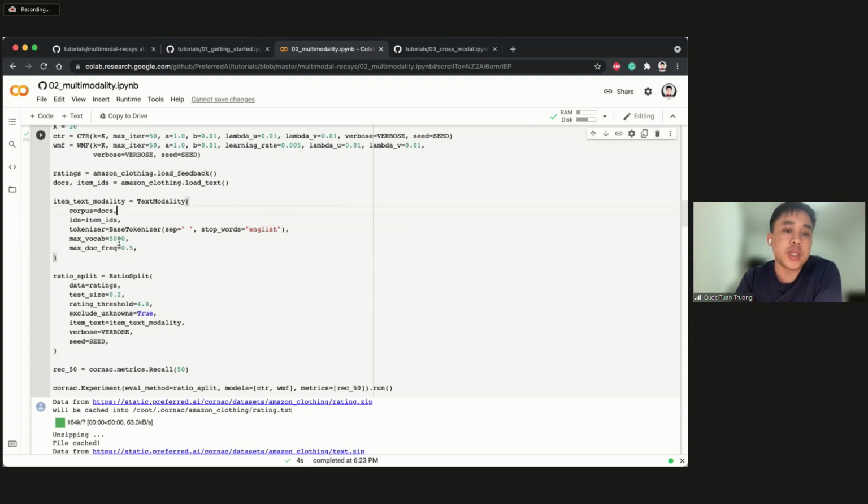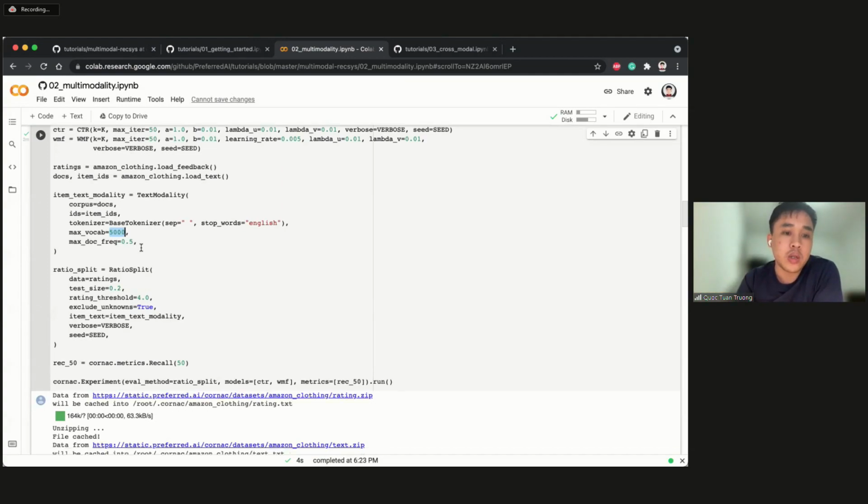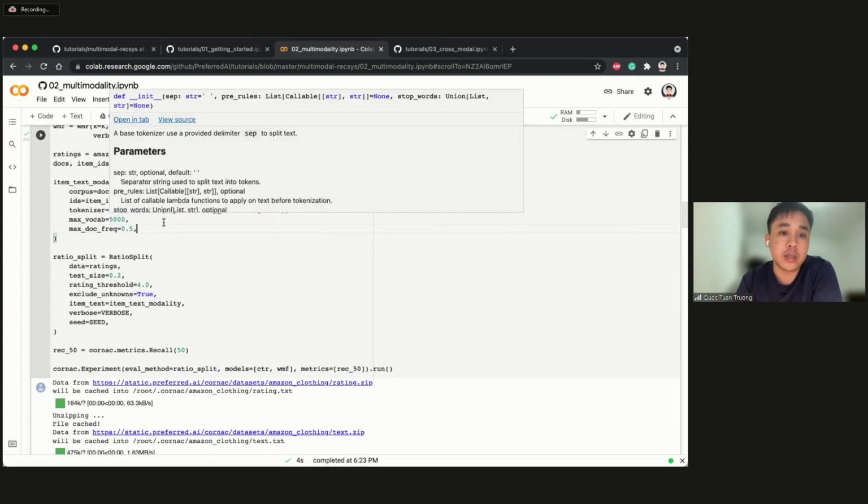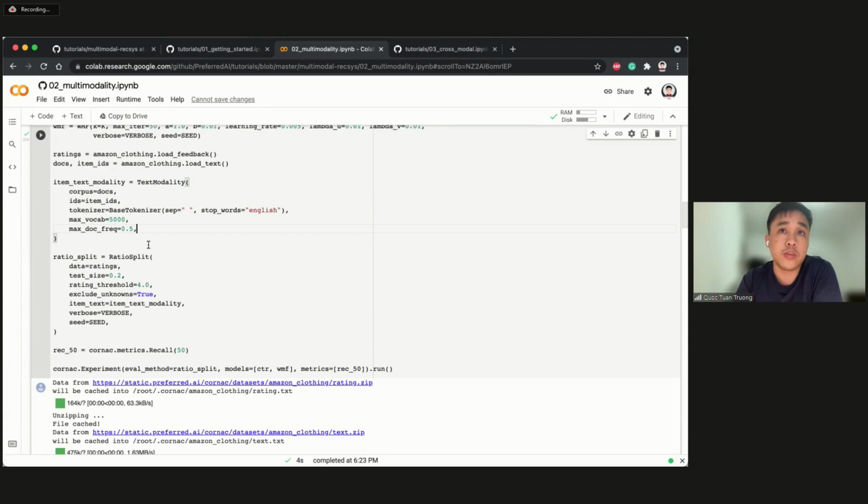We set the size of the vocabulary to 5,000. We can change that, but we have a relatively small vocabulary here just to make it run faster. And some other hyperparameters are basically just to filter some of the common words, things like that. For more information, you can take a look at the documentation to understand the meaning of those parameters.